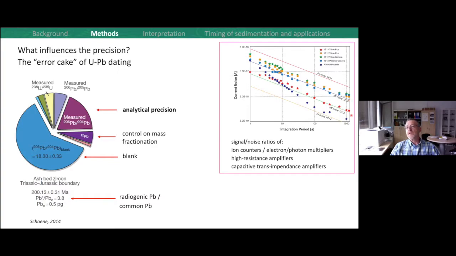Now we have either 10^12 or 10^13 ohm. And now there's a new generation of capacitive transimpedance amplifiers, which have other systematics or characteristics that do not follow the normal systematics of the high resistance amplifiers. So there's a lot of technical development which has been done.